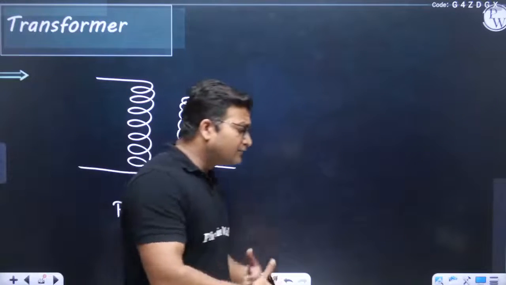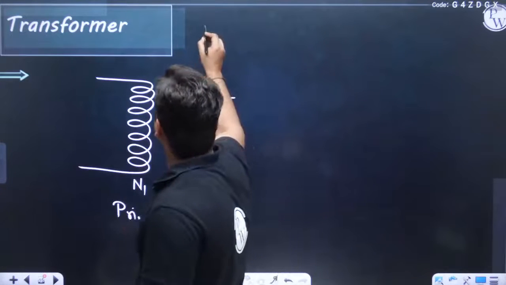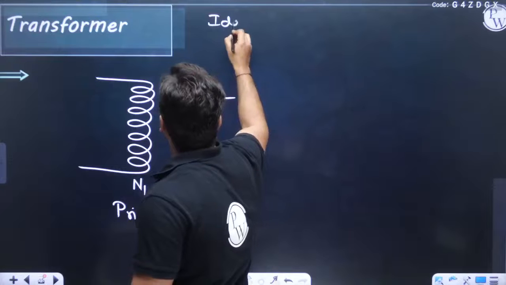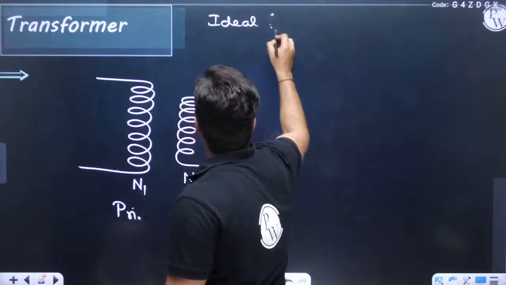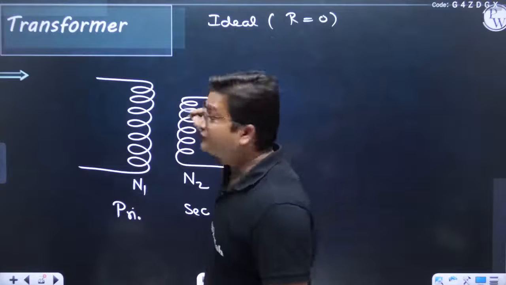In ideal transformers, we do not have any resistance. So in an ideal transformer, net resistance is 0 and power loss is also 0.